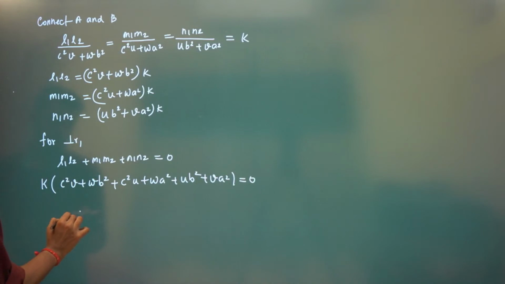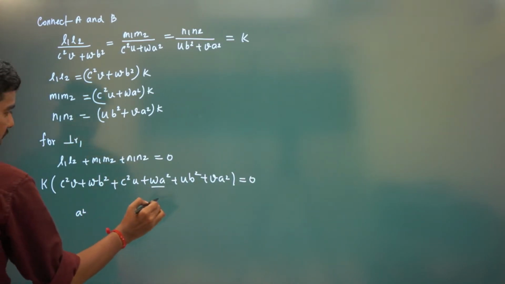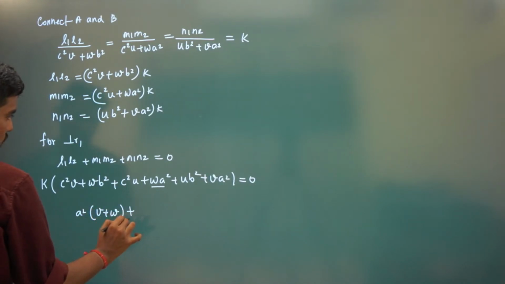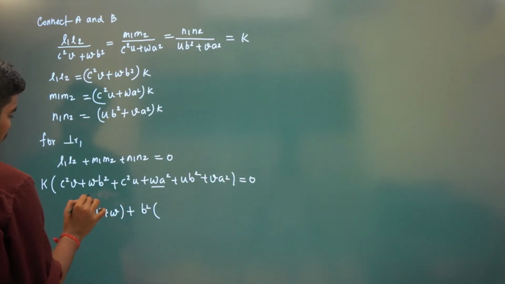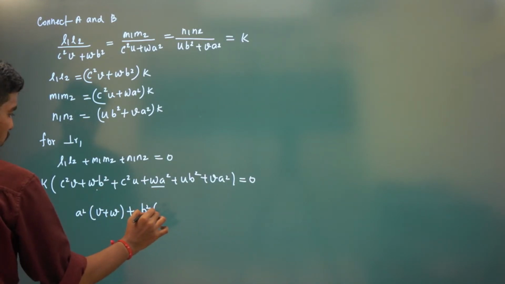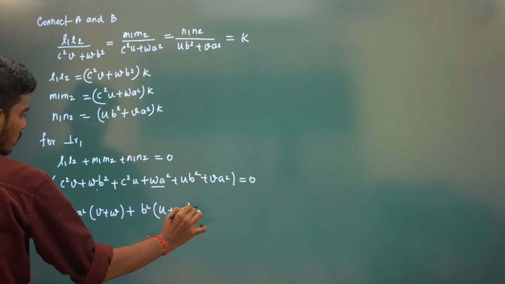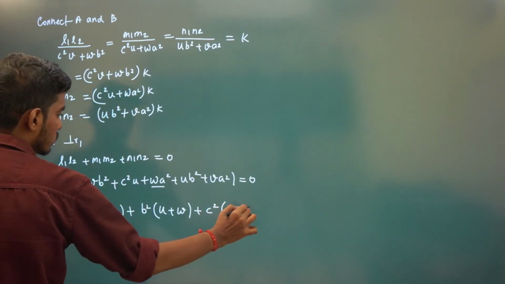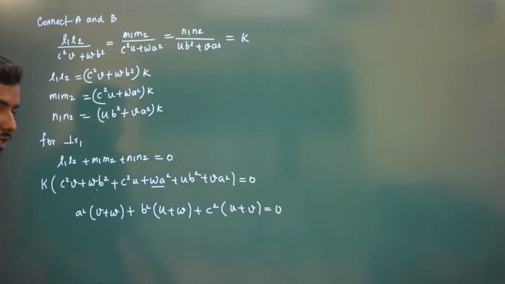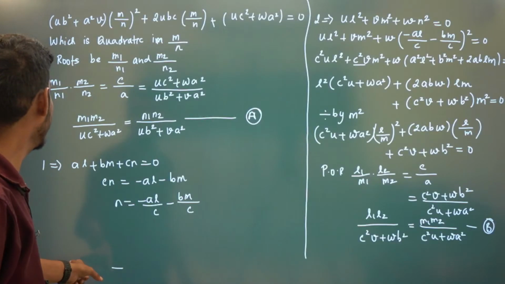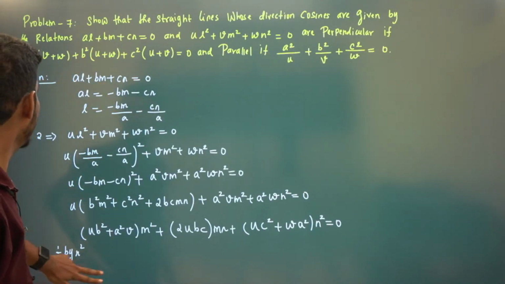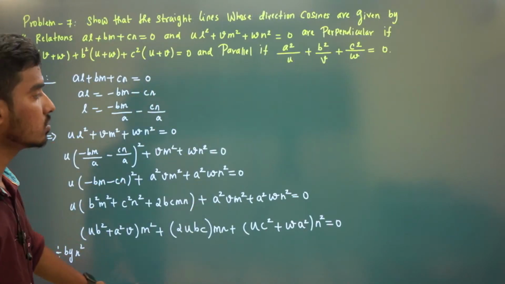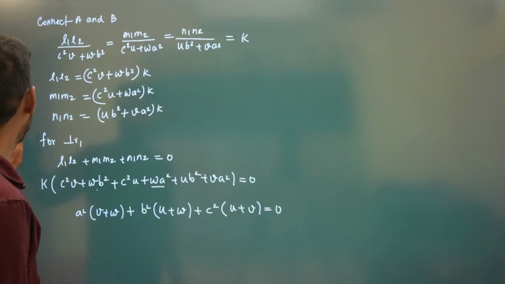Now if I take a square outside, we will have b plus w. Now if I take b square outside, we will have u plus w. If I take c square outside, we will have u plus b equal to 0. This is what we need to prove, right? a square (b plus w), b square (u plus w), c square (u plus b) is equal to 0. This is the condition for perpendicular.